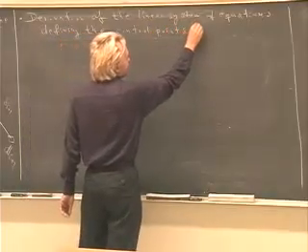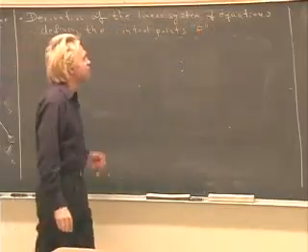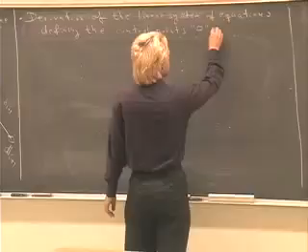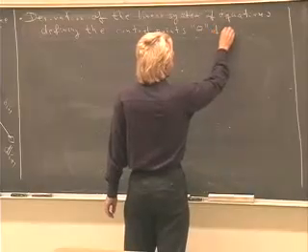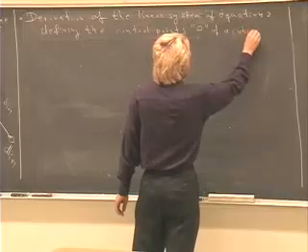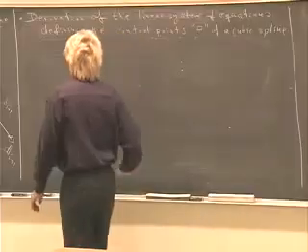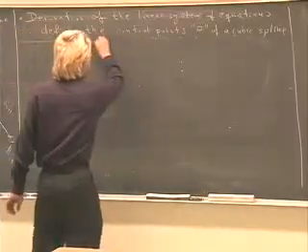The control points here are those squares, defining the control points of a cubic spline. So that's what I'm after.